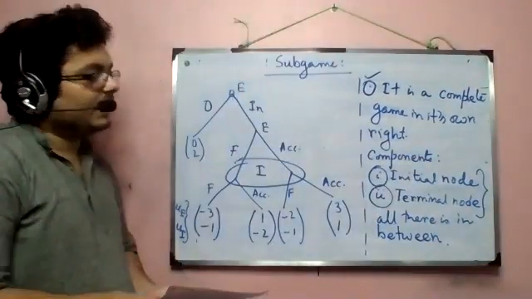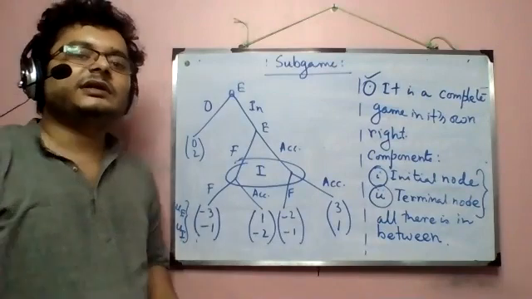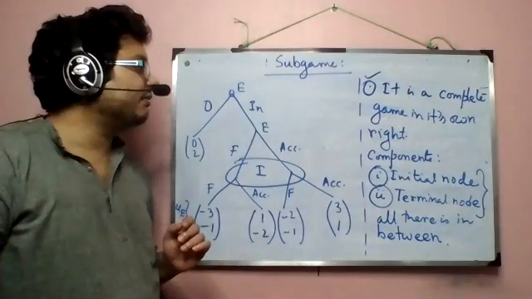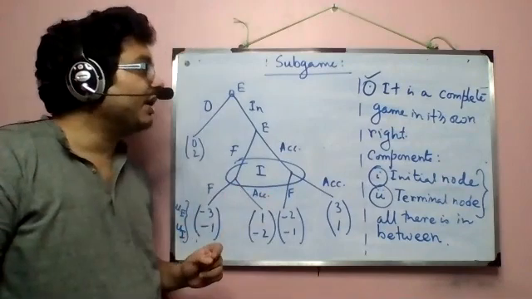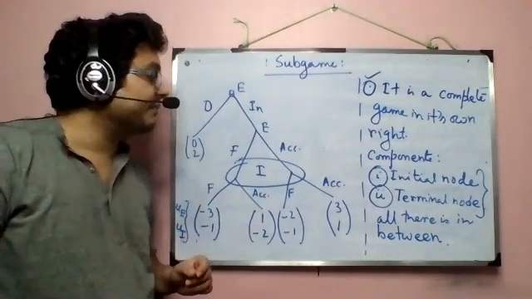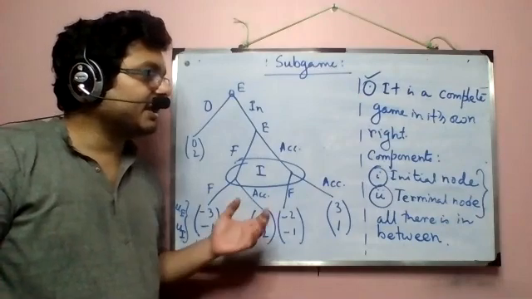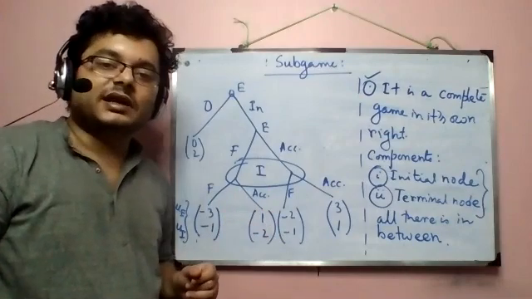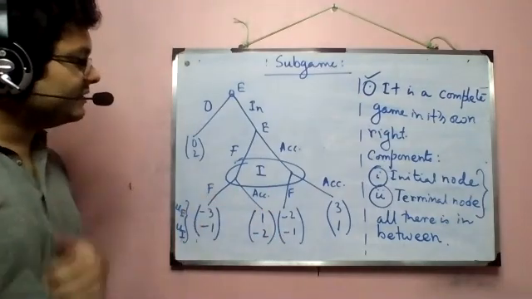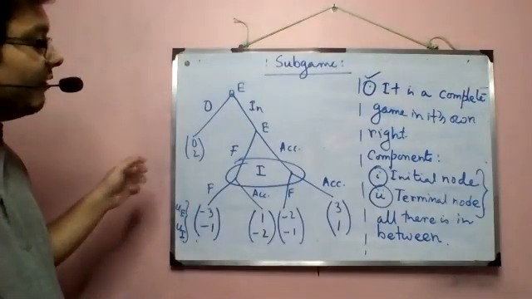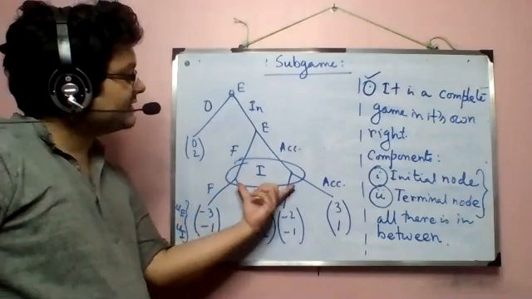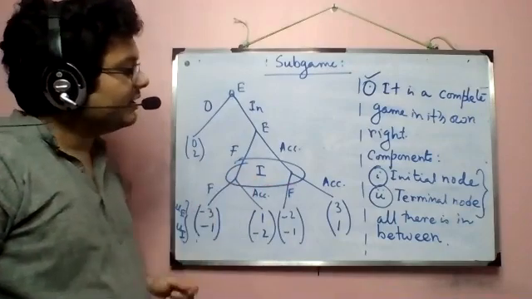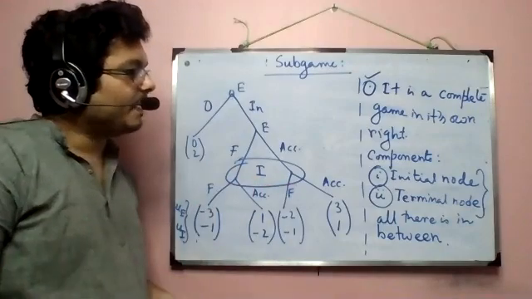Now, the reason we are discussing subgame perfect Nash equilibrium, or subgame per se, is that we are interested in games of imperfect information. And for an imperfect information game, what we have is scenarios like this where an information set contains more than one decision node.